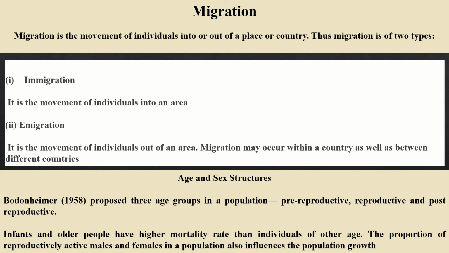Reproductive ones are the individuals which can reproduce, and post-reproductive ones are old individuals who are no longer able to reproduce and produce offspring. Infants and older people have a higher mortality rate than individuals of other ages.